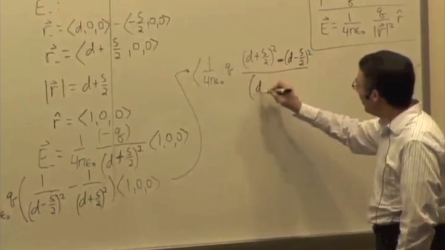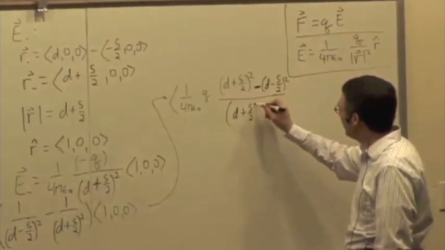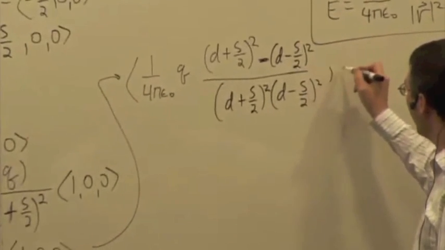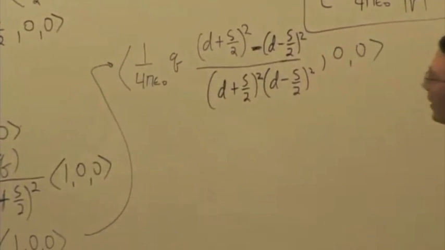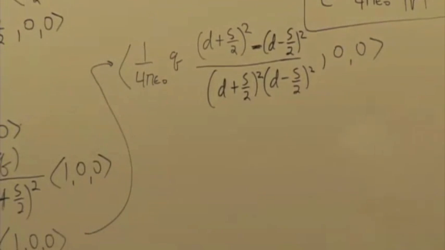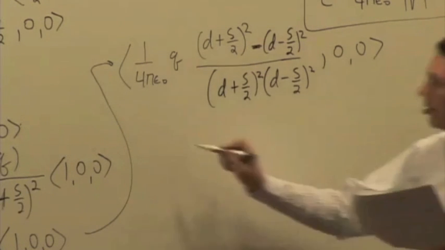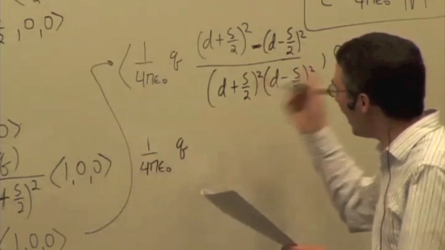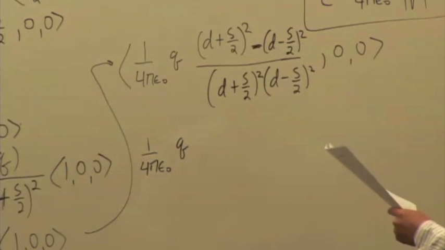And then I have (d plus s over 2) squared times (d minus s over 2) squared, comma 0, comma 0. And then the algebra just gets kind of messy. You would have to expand this out, and I'll just write out the expanded expressions.